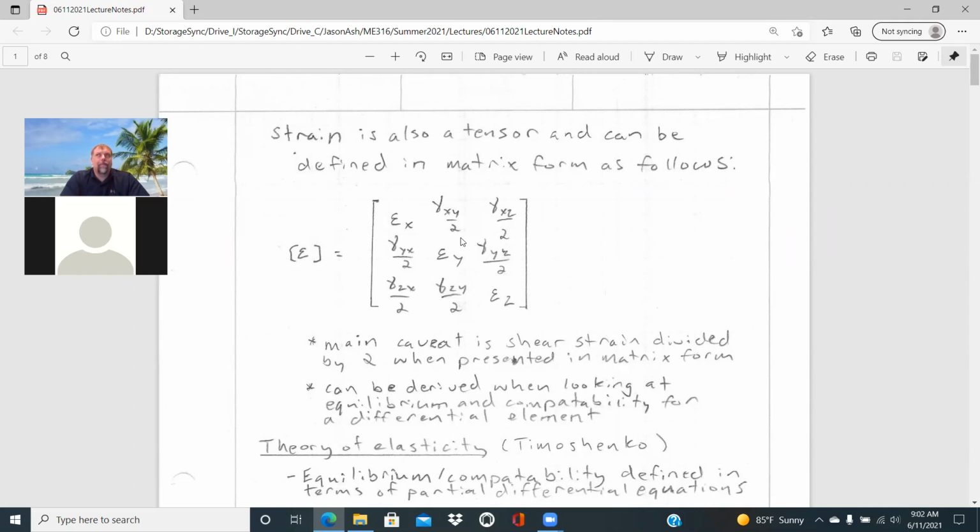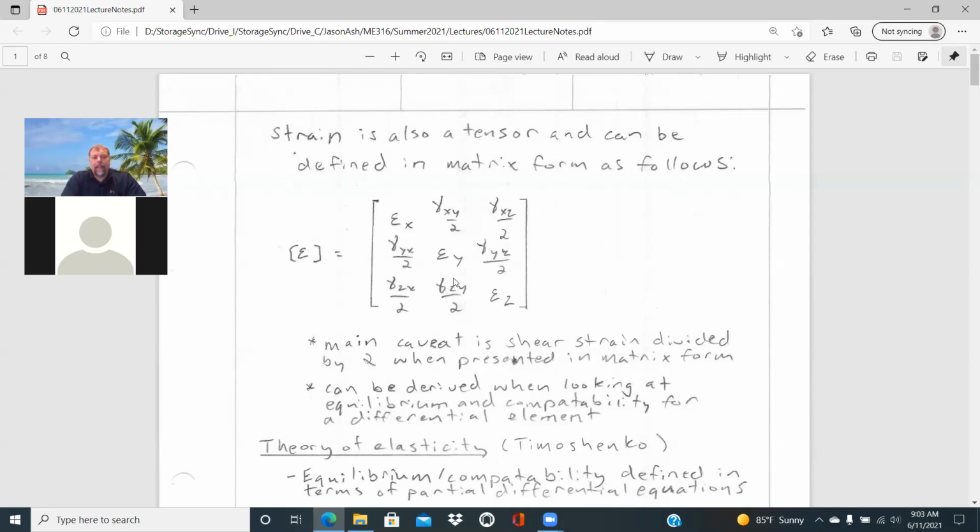That's just the consequence of how that constitutive relationship develops between stress and strain. And so that's something always to be aware of if you are just looking at a matrix of numbers for the strain matrix. Always remember to multiply the number that appears in the cell by 2 to get the actual shear strain. And so that's the main thing to be aware of when looking at the strain matrix.